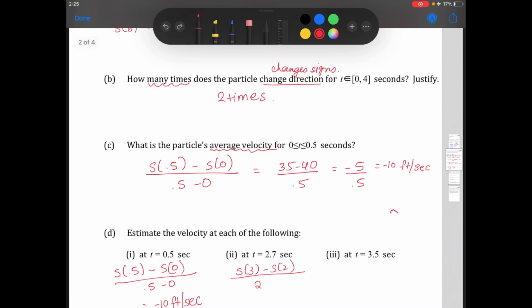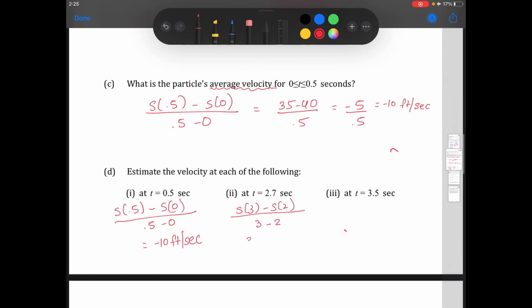Oh, no. I had to do 3 minus 2. My bad. 3 minus 2, which is just 1. So it's going to be 38.2 minus 48.2 over 1, which is negative 10 feet per second.